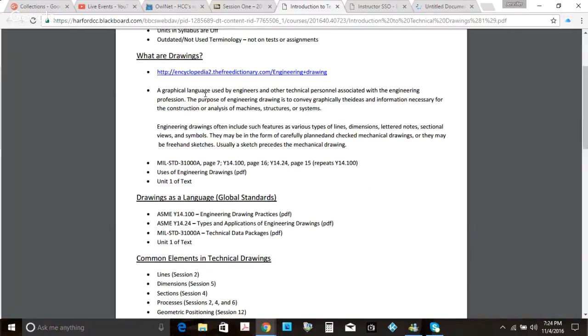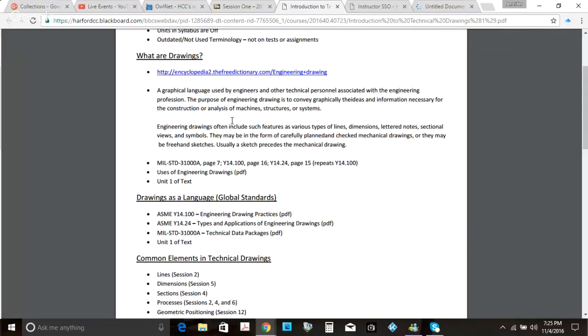Right here in this first bullet, or the first bullet point's a link, but the second one says the purpose of an engineering drawing is to convey graphically the ideas and information necessary for the construction or analysis of machine structures or systems. You certainly don't have to memorize that word for word, but just understand that the purpose is to graphically convey these ideas so that we can manufacture a part. I mean, that is the purpose.